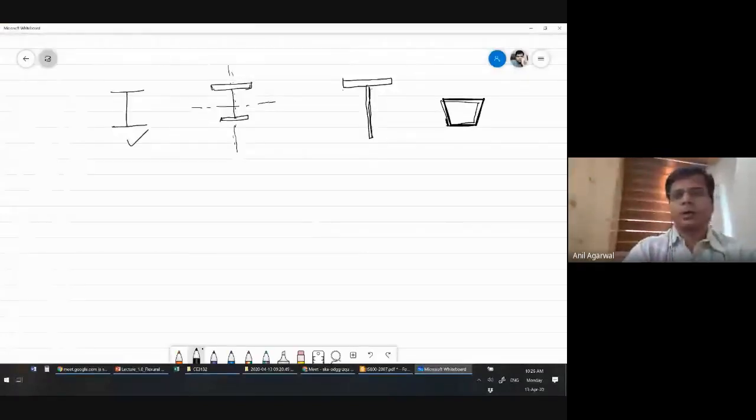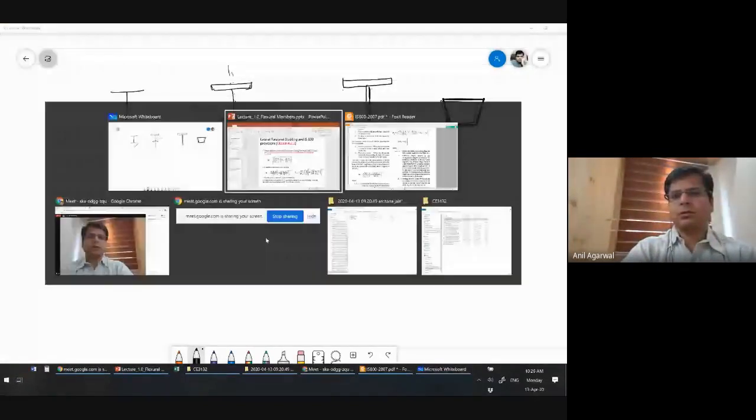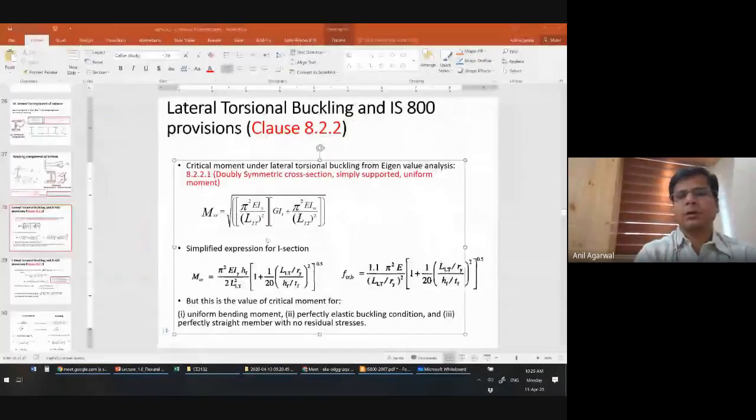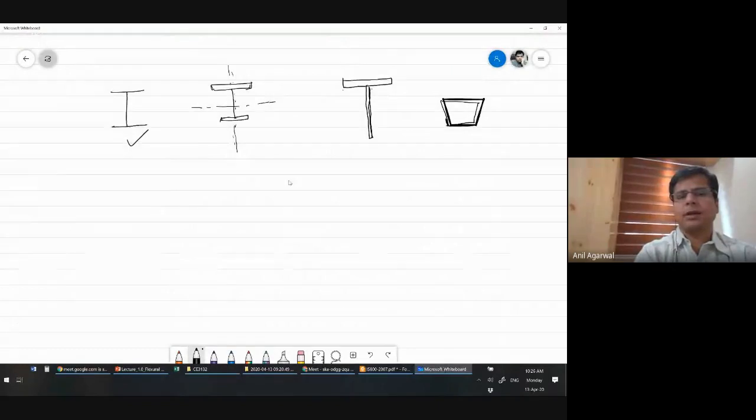Now, even after this, this equation is still not valid for some other cross sections. For example, let me ask you a question. If I have this channel section, it is symmetric about which axis?